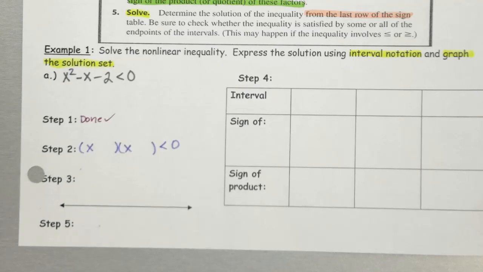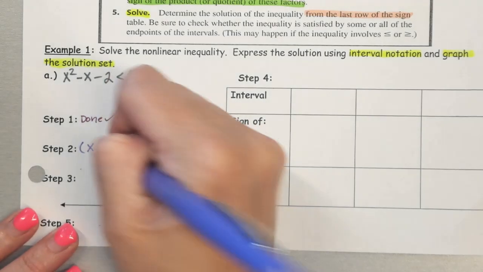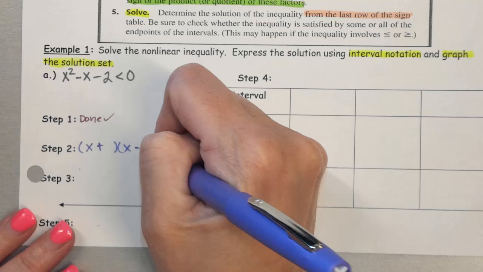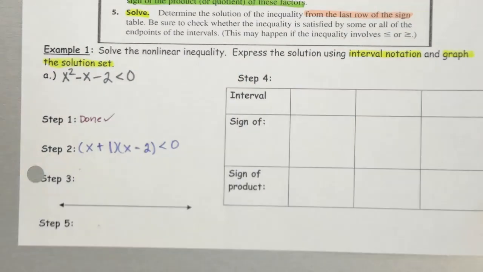Go ahead and finish that part. You're looking for two numbers that multiply to -2, and then they have to add to -1. Anytime this ends in a negative, you know that your factors are going to be opposites, right? A plus and a minus. So to get -1, you need a -2, a +1.